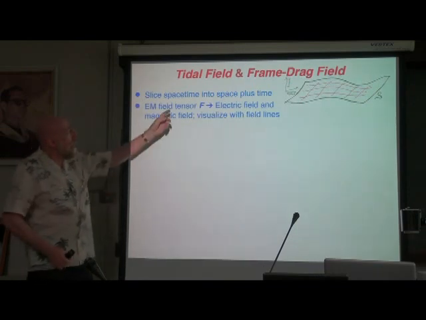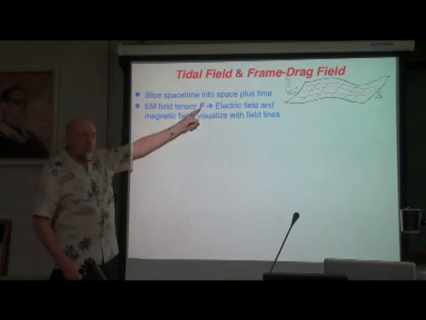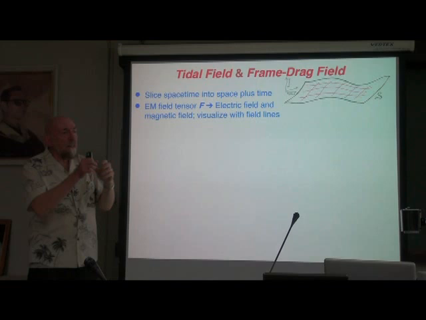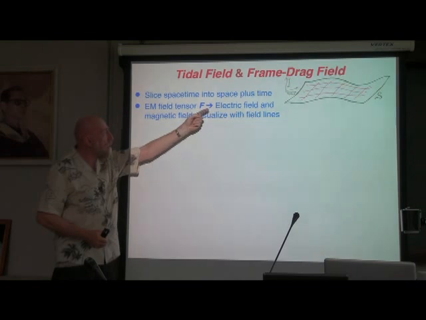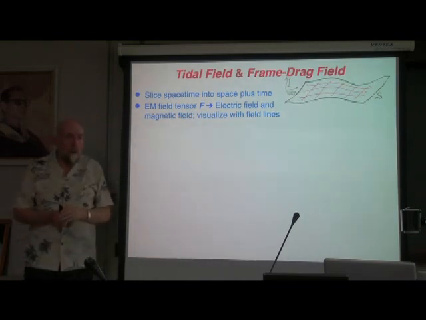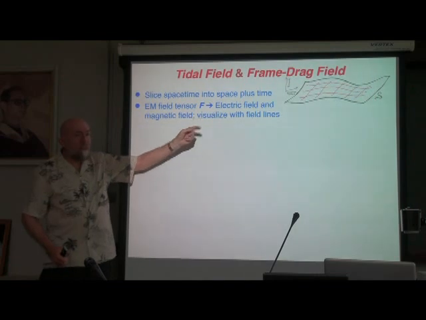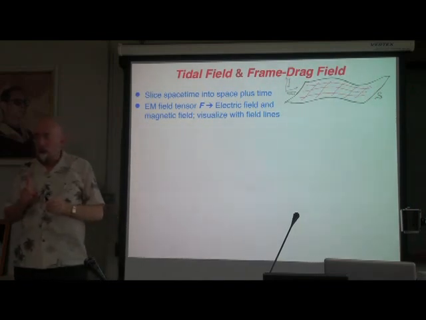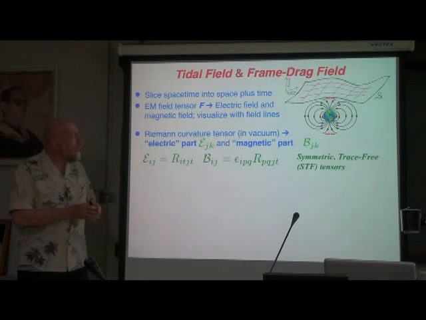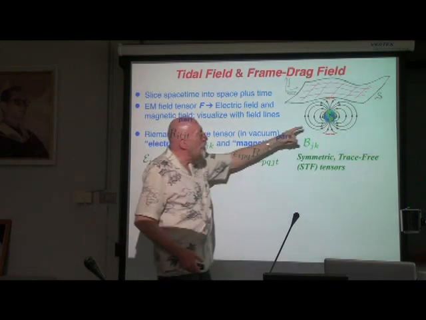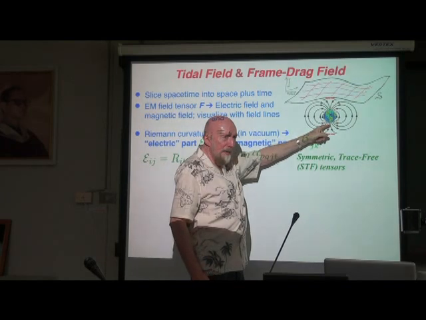Then the electromagnetic field tensor, which is a second-rank antisymmetric tensor, gets decomposed into the electric field and the magnetic field. And we visualize these by the integral curves of these fields, that is, by field lines. And these field lines are very powerful tools for understanding what goes on.